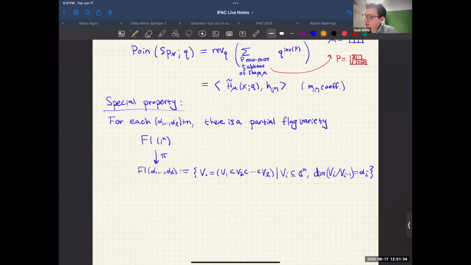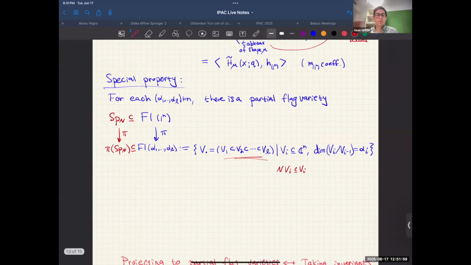And you can take your Springer fiber, which sits in complete flags, and project it down to partial flags. Essentially, you just get partial flags with this extra condition that NVI is contained in VI.